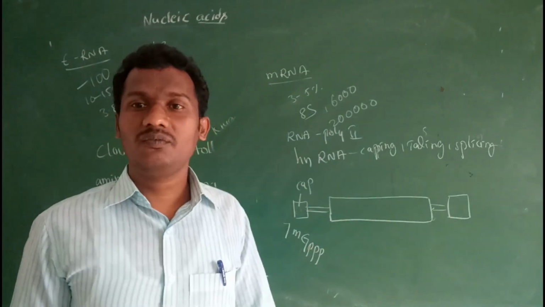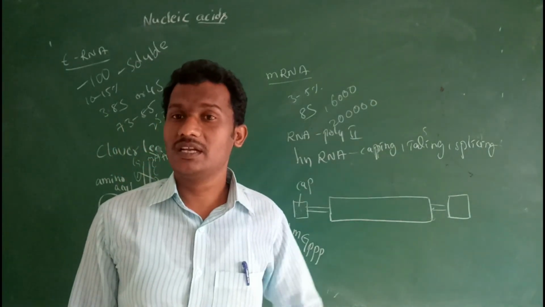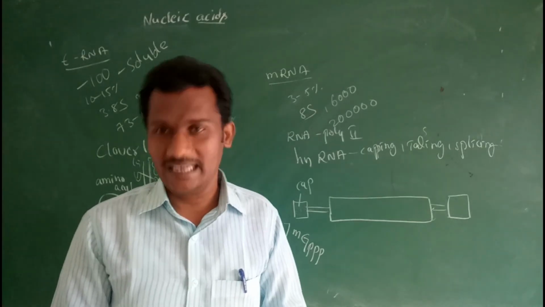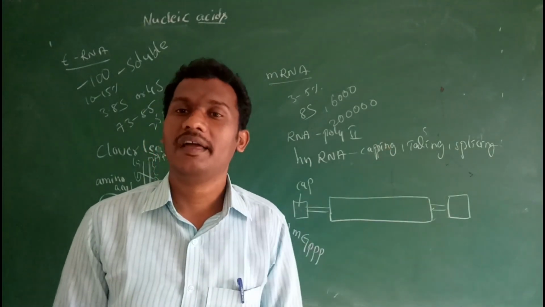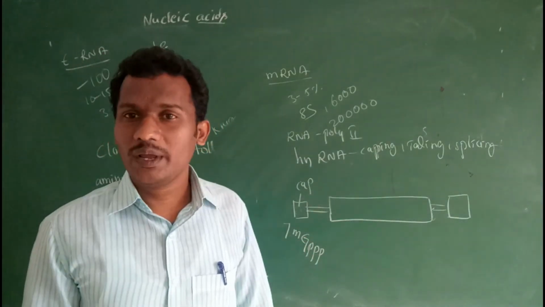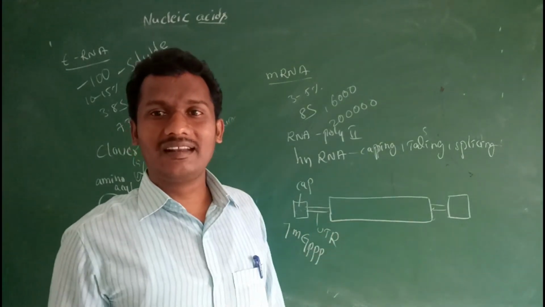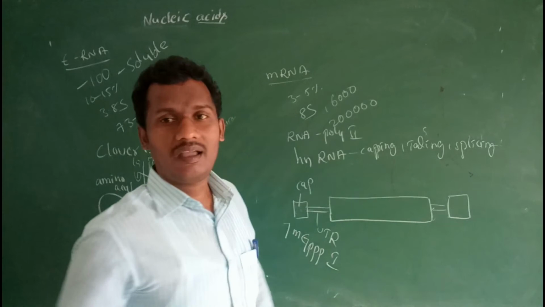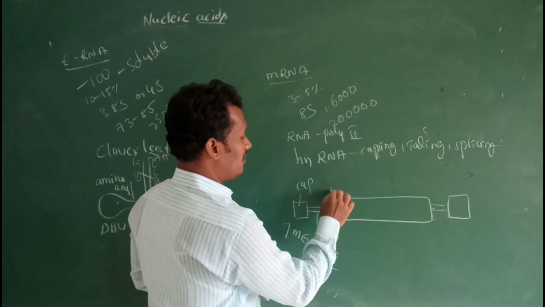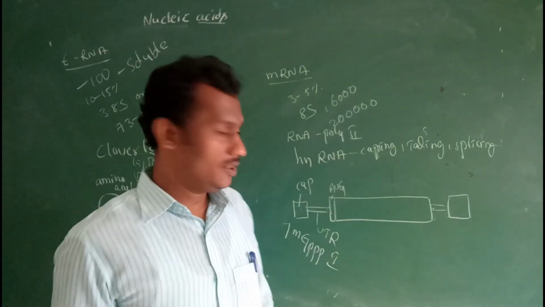Capping also provides the binding site for ribosomes and protection from cellular enzymes like nucleases, protecting from degradation. After the cap, some non-coding sequences are present, known as the UTR, untranslated region 1. After this comes the initiation codon, AUG, which codes for methionine.